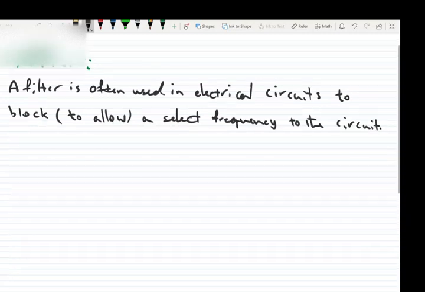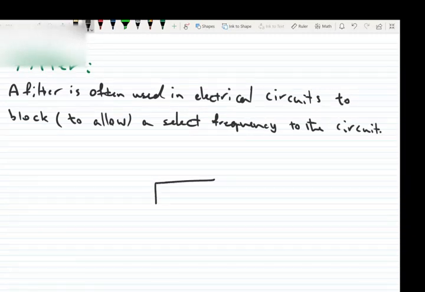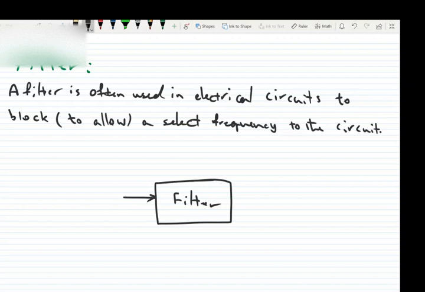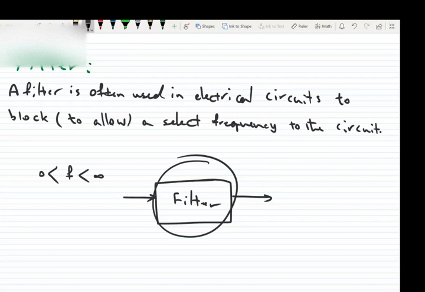Let's assume we have a filter here and it has input and output. Input can have a frequency range between 0 to infinity, but we can define the characteristic of this filter. This filter only allows frequencies greater than f0 to pass through the filter.